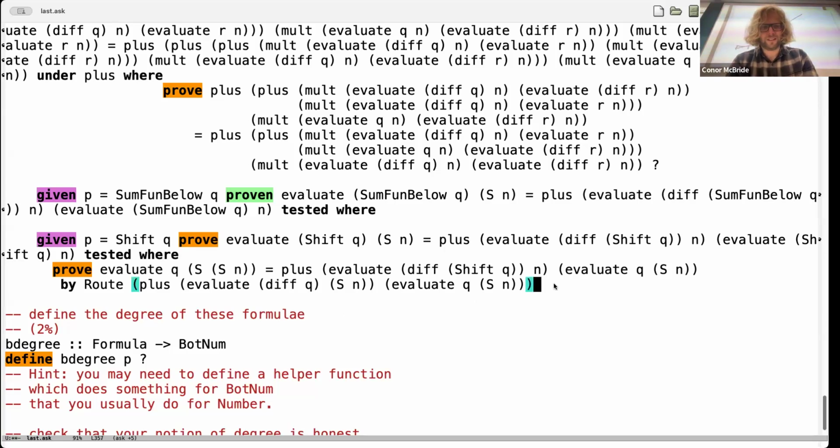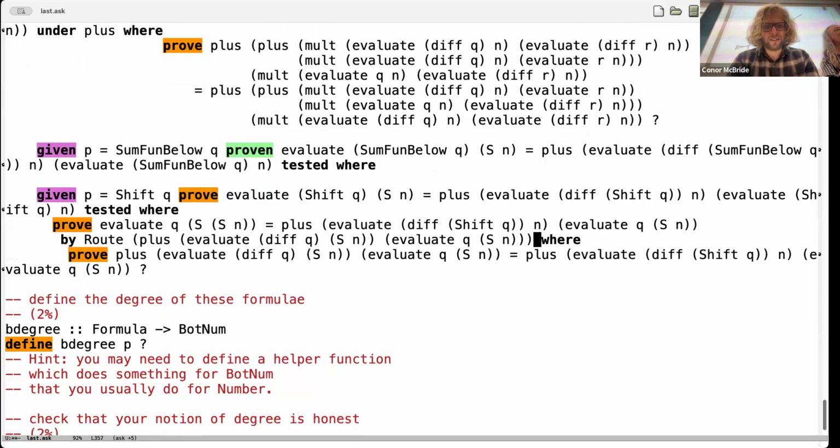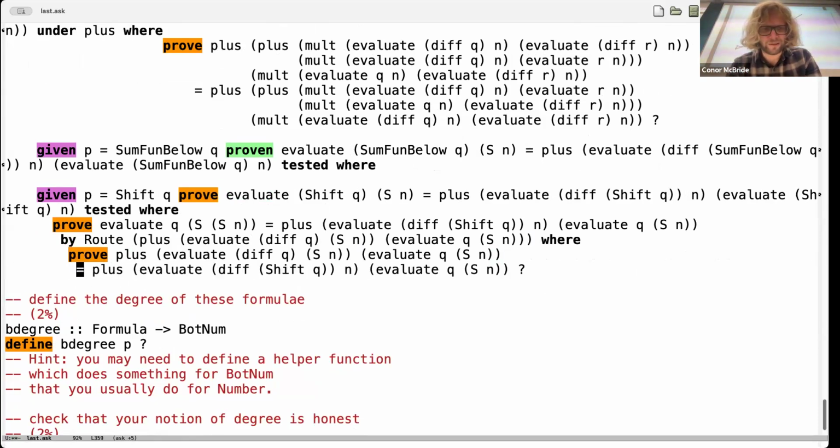So it doesn't matter that we're making the number bigger. What's important is that the formula gets smaller. And then we only get one subcase because the left-hand side was equal to this just by the induction hypothesis, right?